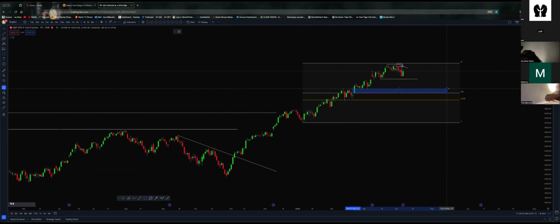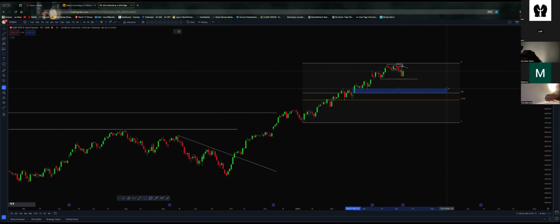Let's move to the hourly so I can see more candles. We have equal lows here. Price likes to move towards liquidity. If you have equal lows right here, especially if you look at it really closely, they're just left out here for price to return to.